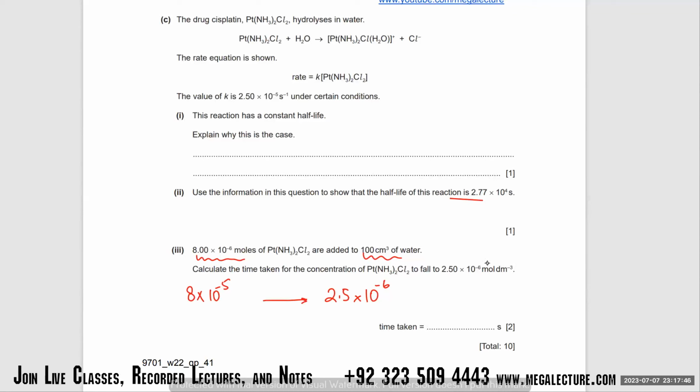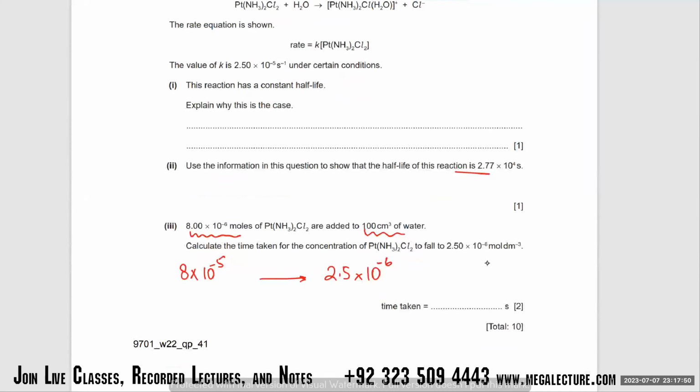I don't really understand how to work it out. But you understand the question, right? Yep. So, this is 80 times 10 power minus 6, right? So we're starting at 80 and we want to decrease to what, 2.5? So first half-life, that's going to decrease it to what, 40?